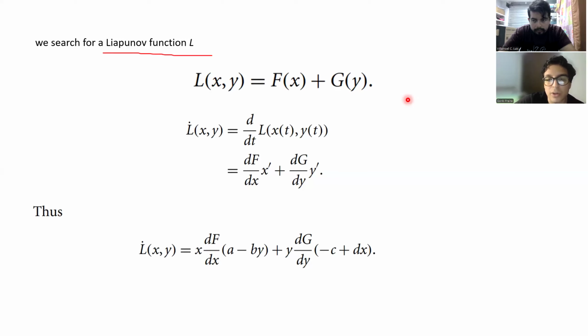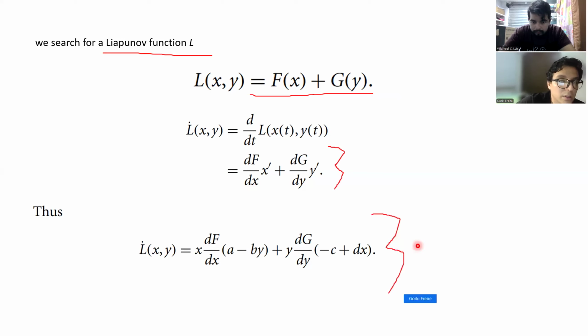If we use the Lyapunov function, we suppose this. So we take the derivative with respect to time, and using the chain rule, we get this. Now we replace the values that we had in our model, and we get this expression.